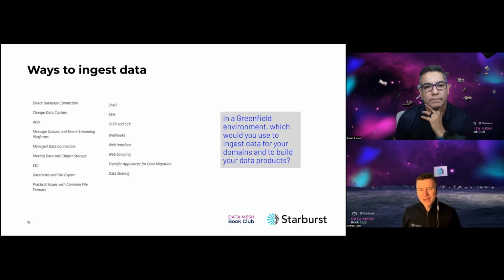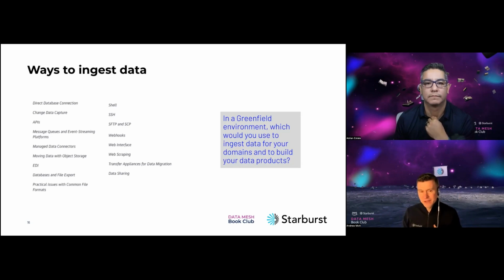But I look at this and think, if I'm SFTPing, then that's probably even in a scripted way, batched up or whatever. We're probably going to that because we don't have a better way. For whatever reason, we can't do APIs or we can't do change data capture.